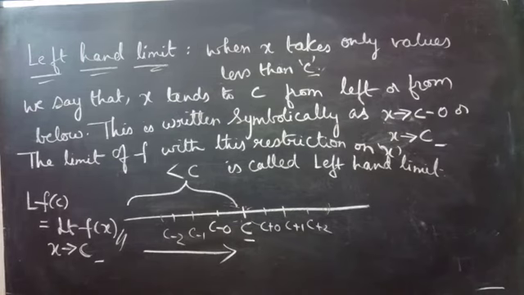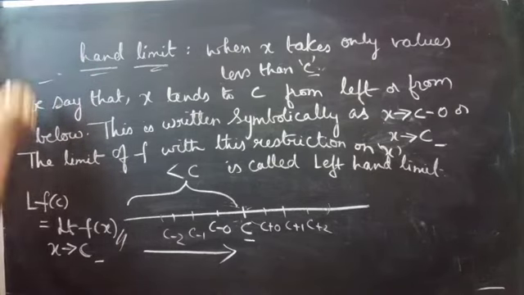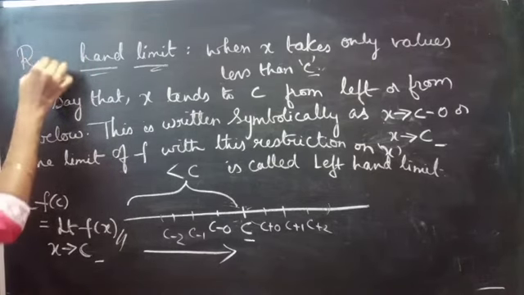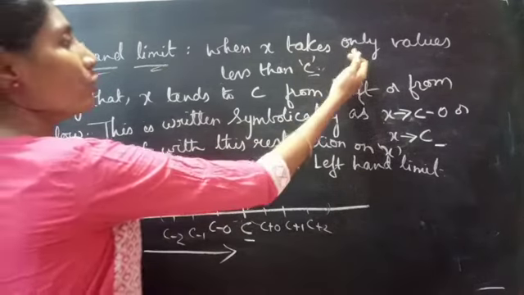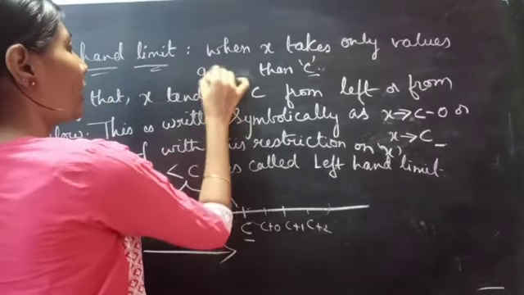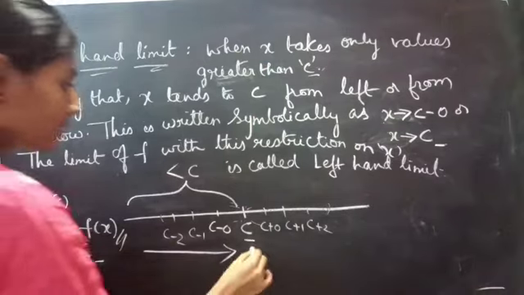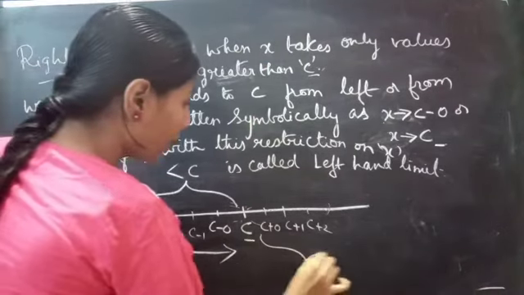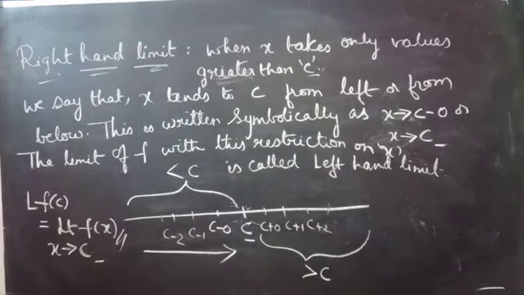Good. Now coming to right hand limit. When x takes values greater than c. So these are the values which are greater than c. Okay.